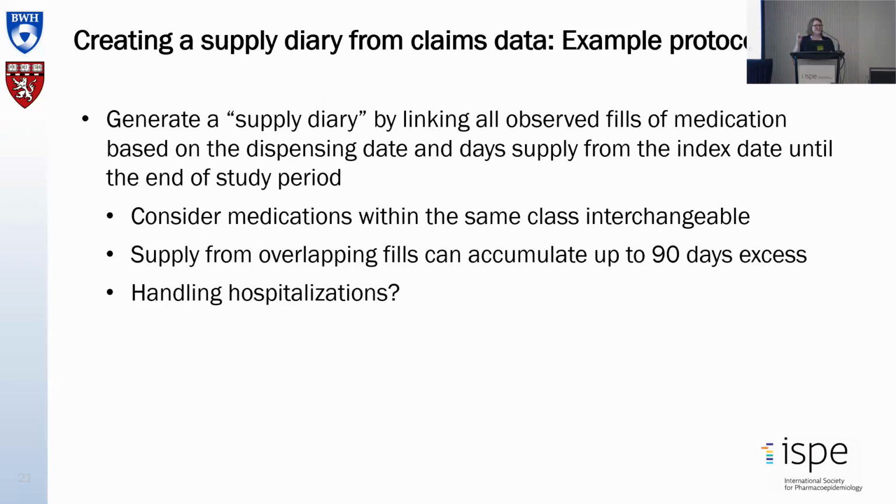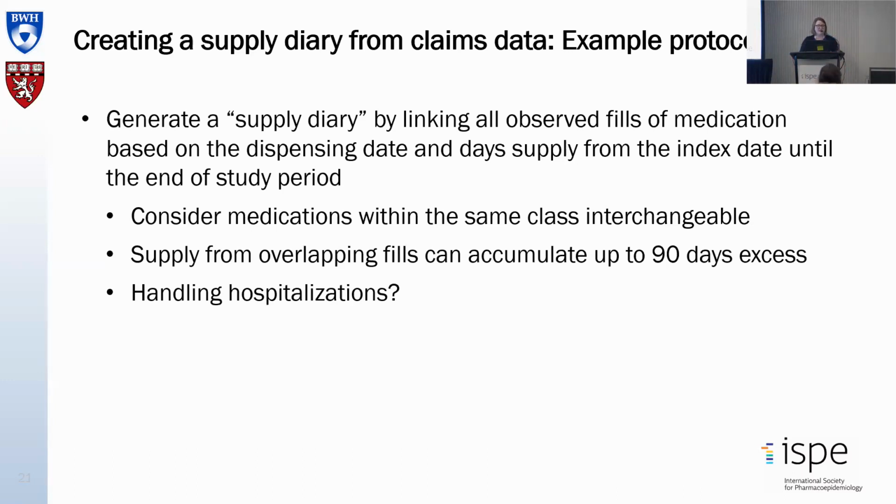Other processing steps that are really important to consider for your study, in addition to the overlapping, we'll come back to this: say patients switch medication, or there are 2 different medications for blood pressure, and they start on one, but then we see another one. Do we consider those separately? Do we think they switched? So we often have to make a choice that we're going to apply equally to everybody in the data.